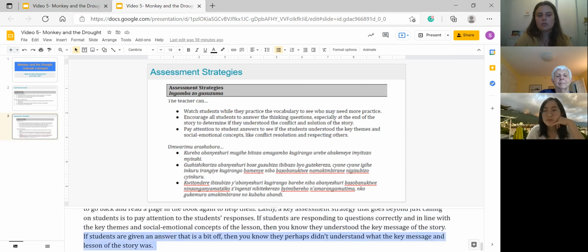And if students give an answer that is a bit off, then perhaps the student didn't understand the key message and the lesson of the story. At that point, you might want to go back and read the story again or do some other supporting activities. So these are the 3 ones that I like to use often.